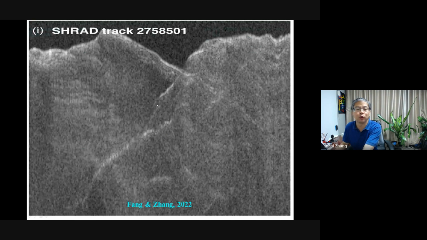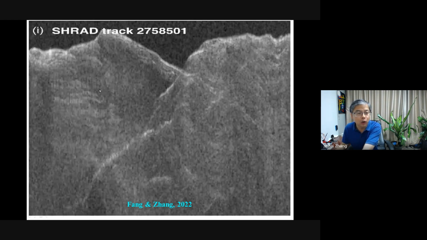So here are some results comparison with some local details. Here is region A in the original profile. We can see somewhat unclear reflectors. Maybe people cannot even count how many layers are here.